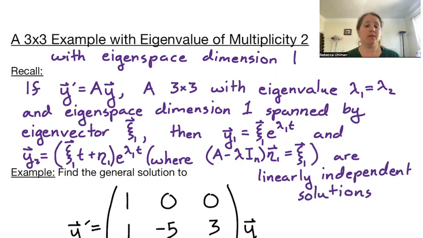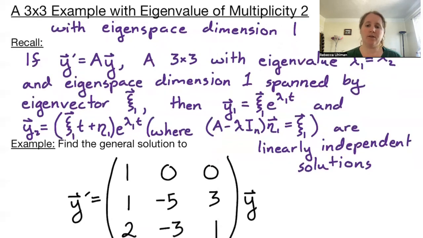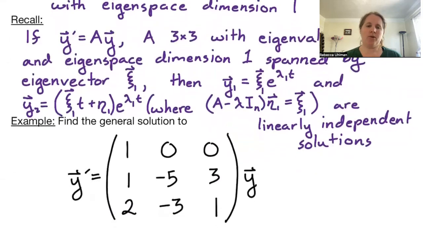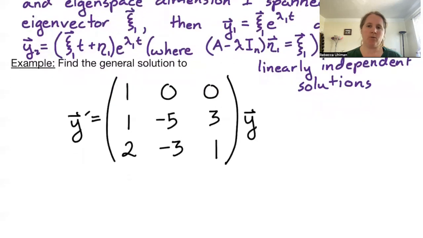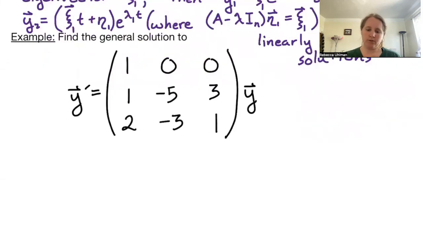So our job here is to find the general solution to the 3x3 system. Y prime is equal to first row 1 0 0, second row 1 -5 3, third row 2 -3 1, all multiplying y. So our very first step is to find the eigenvalues.